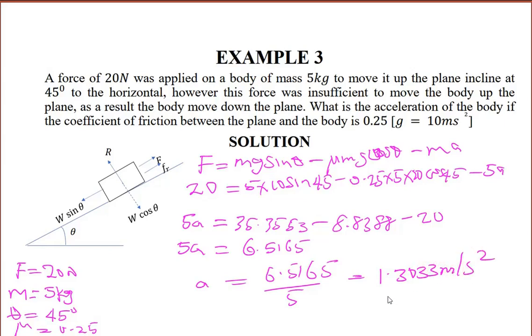So the acceleration with which the body moves is 1.3033 meter per second squared. We can even approximate that to 1.3 meter per second squared. All right, let's move on.